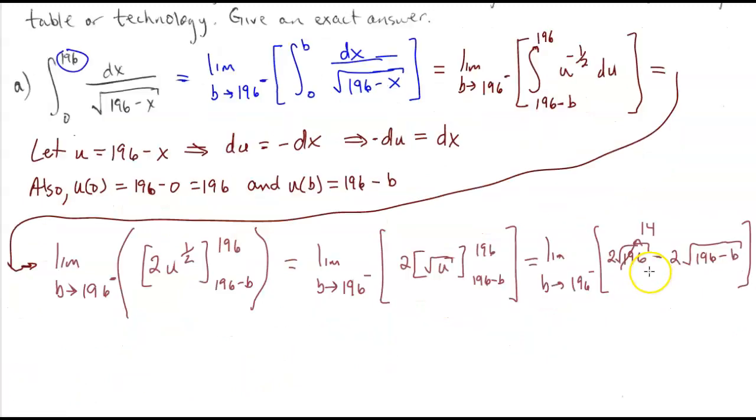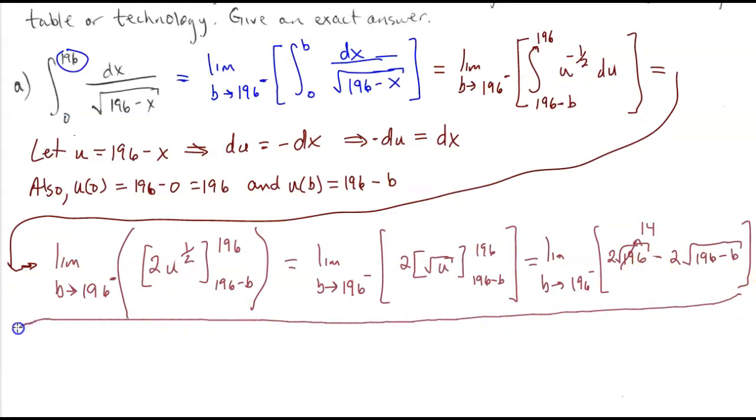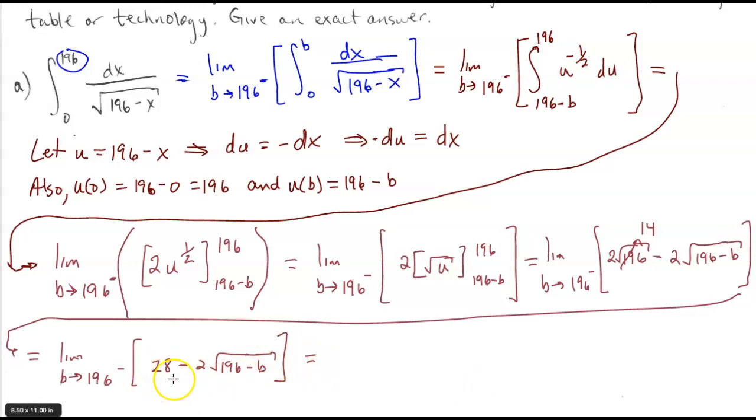And let me scroll down here. This is going to be limit b approaches 196 from the left of 28 minus 2 times square root of 196 minus b. And so now we just need to evaluate this expression. And essentially all we need to do is plug in 196 for b.